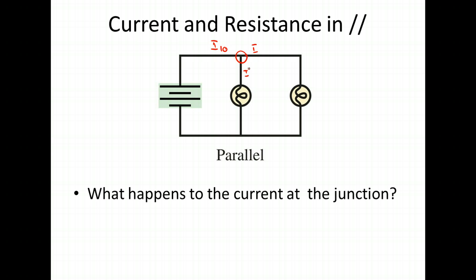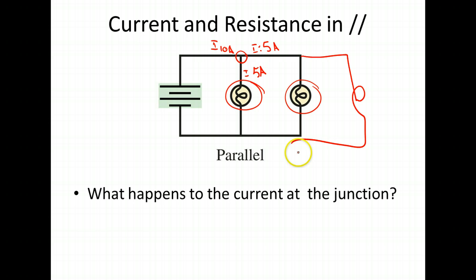If it splits evenly, I've got 5 amps and 5 amps. That's why they're the same, right? And so that's why it doesn't matter how many I've got, how many splits I've got, the current going to each bulb is the same, thus the brightness is the same.